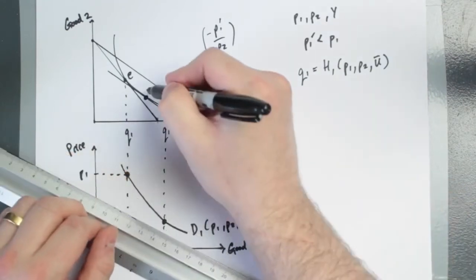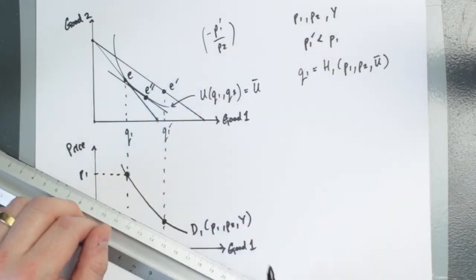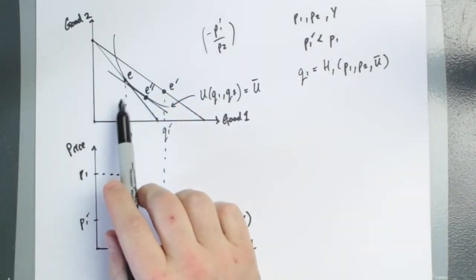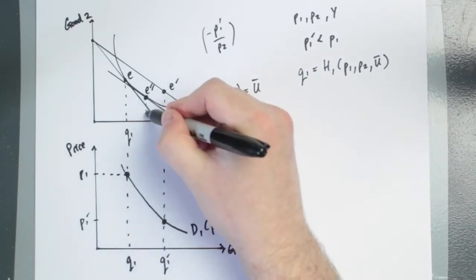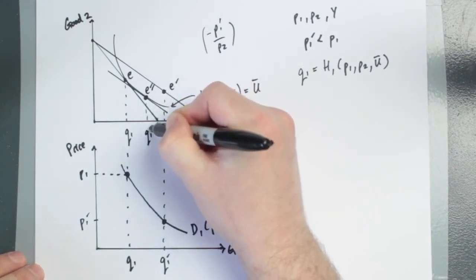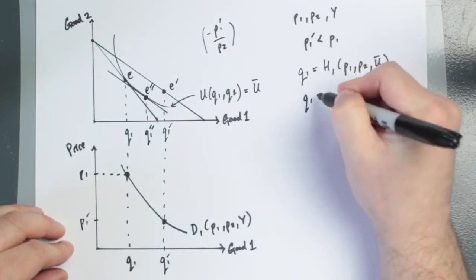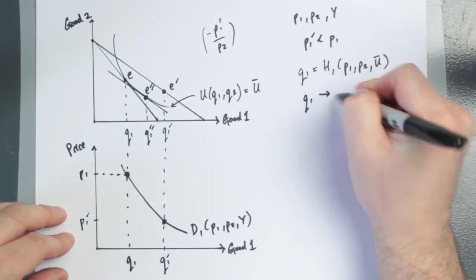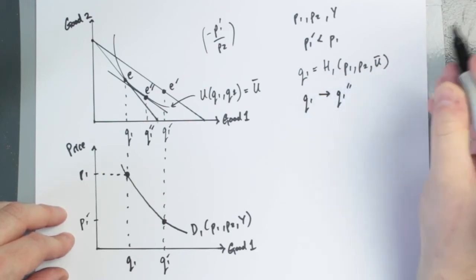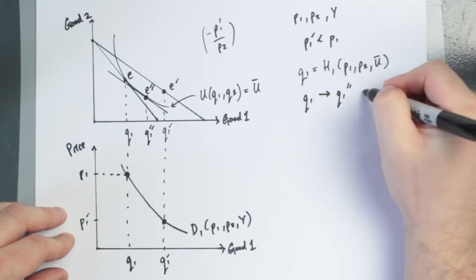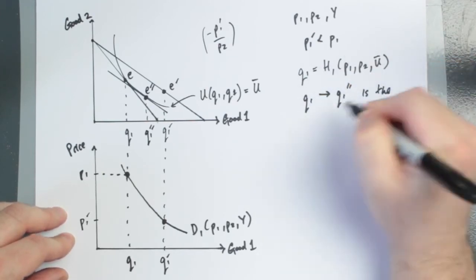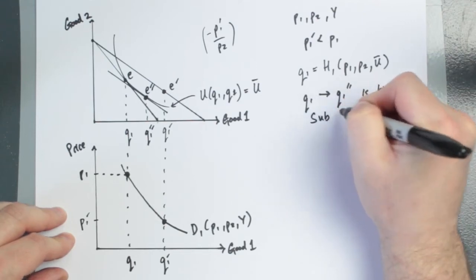Now that should feel very familiar. Let's call that E double prime, because going from Q1 to Q1 double prime, we've already given that a name. That is the substitution effect.